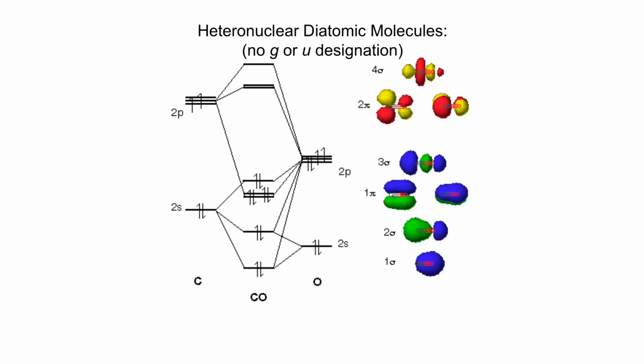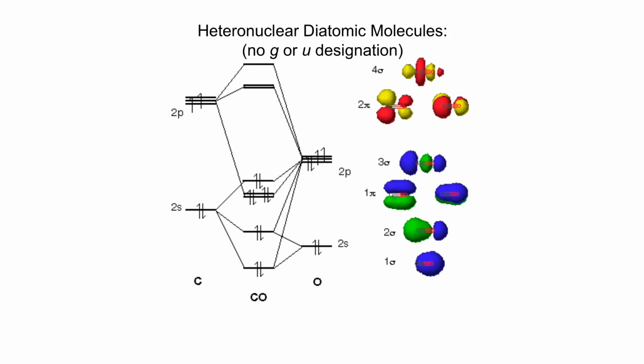That tells us if it's symmetric or asymmetric upon inversion. Okay, ask yourself, is there any way to have a symmetric inversion in this case, right? There's not, all right? So no matter what situation you're in, there's going to be some asymmetry there, okay? So that's why you only see that U and G designation for homonuclear diatomic molecules.